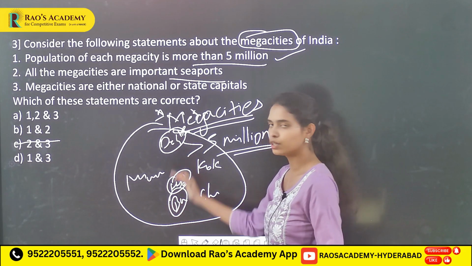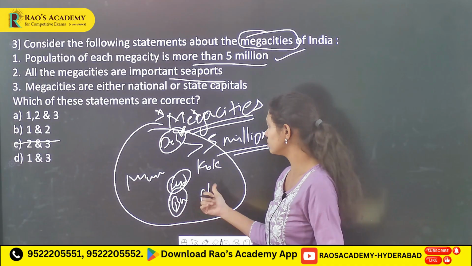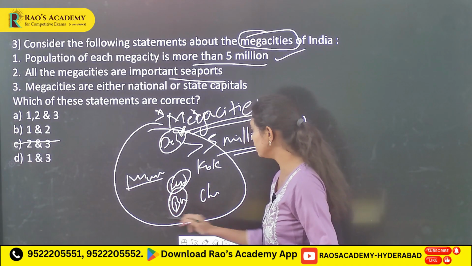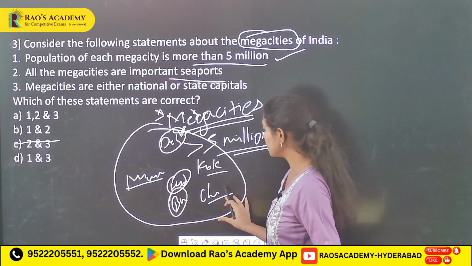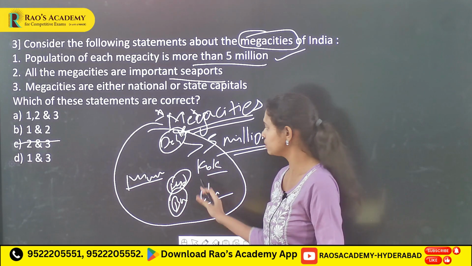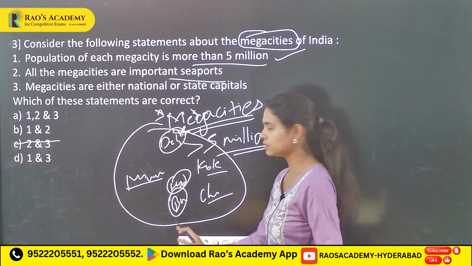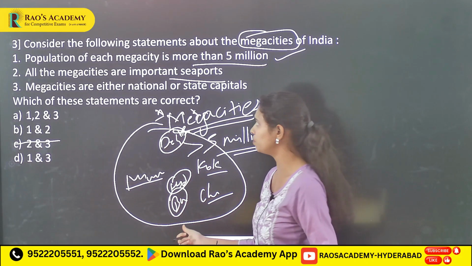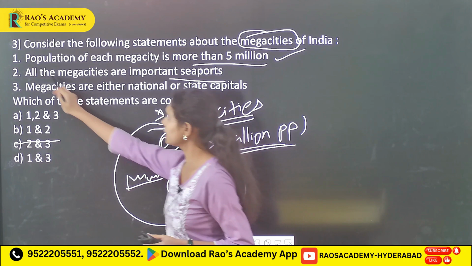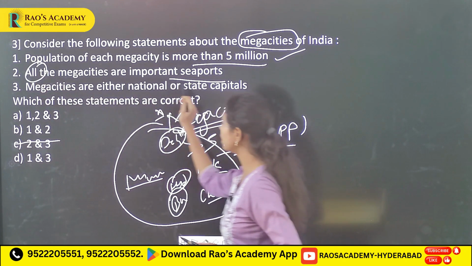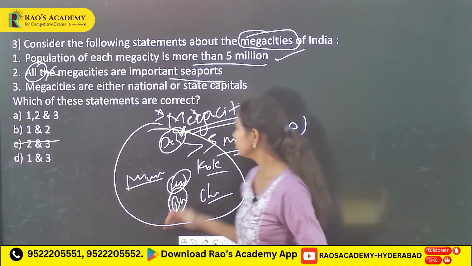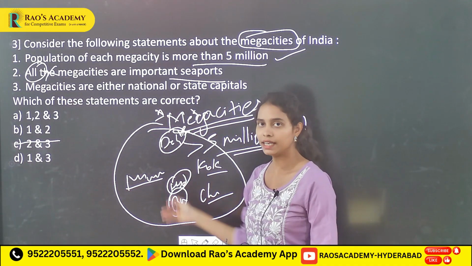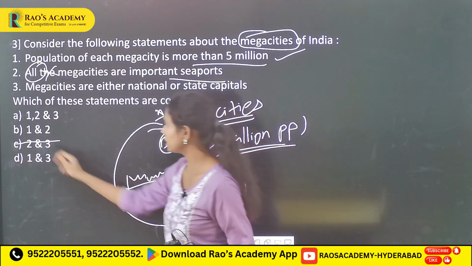They do not have accessibility to the sea or a seaport. Only Mumbai, Kolkata and Chennai have access to a seaport, whereas the others are inland mega cities. Here it is mentioned that all the mega cities are important seaports, so it is an incorrect statement because a few of them are inland mega cities. So the second one is incorrect.